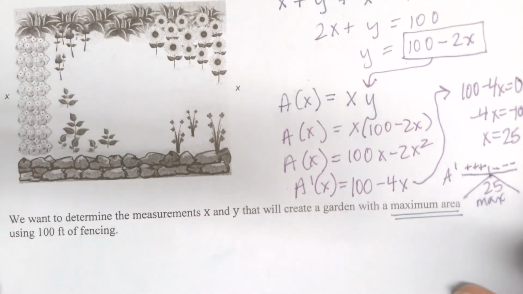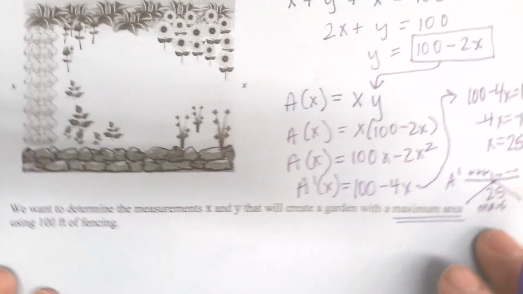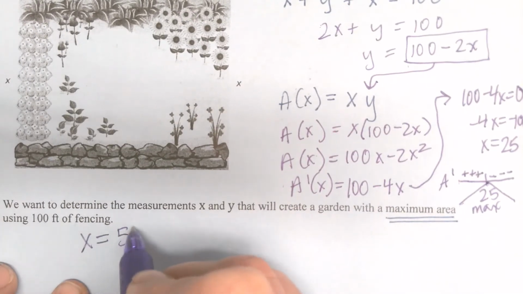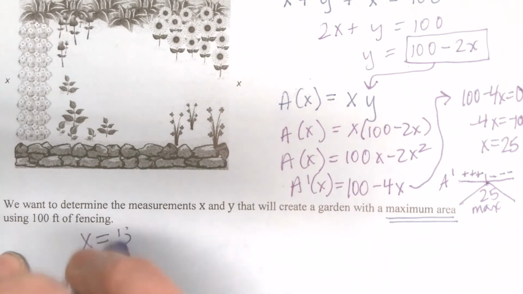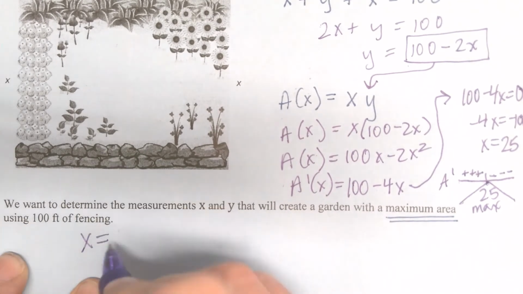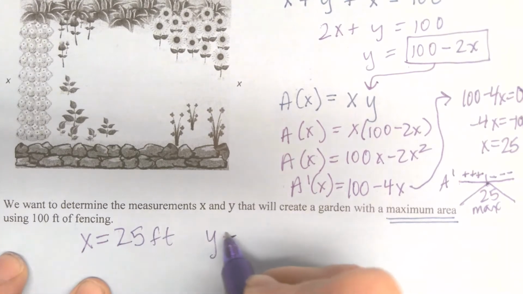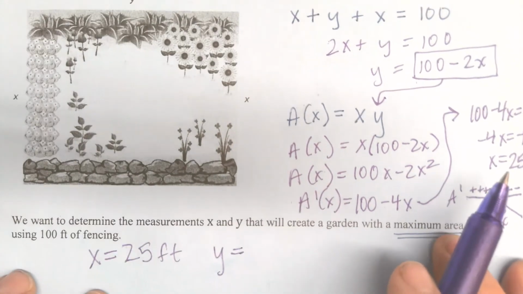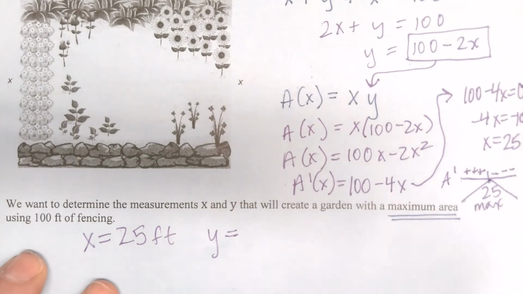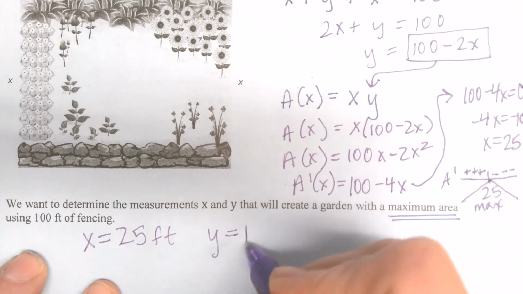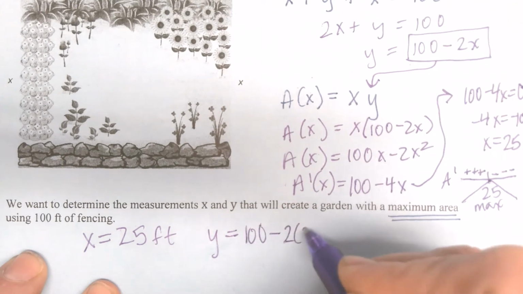And so I would say that my x dimension, because that's what I solved for, is 25 feet. And my y dimension on my picture here is going to be 100 minus 2x, so 100 minus 2 times 25.